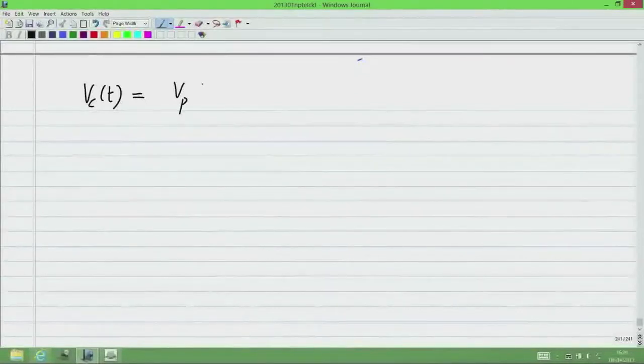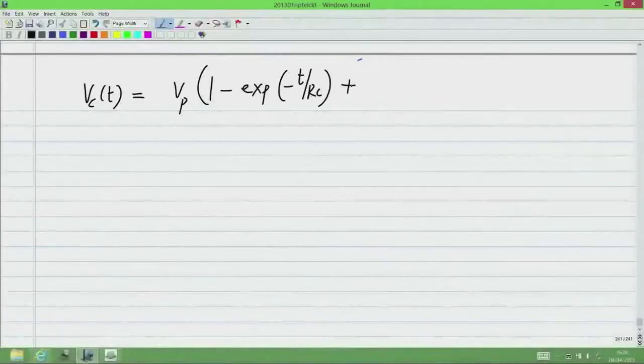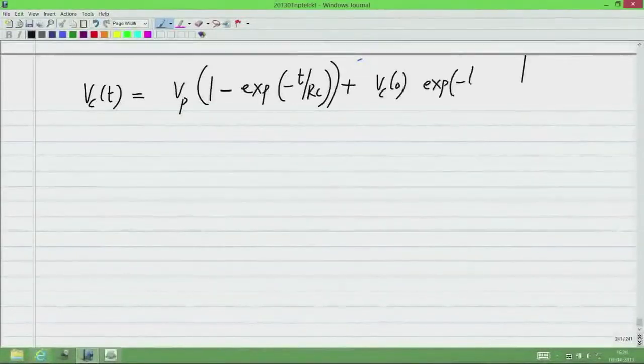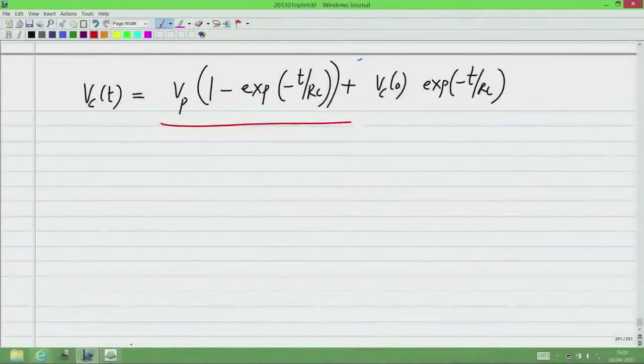Okay, now we can also rewrite this as Vp times 1 minus exponential minus t by RC plus Vc of 0 exponential minus t by RC. Okay, so you can see that this part is proportional to the input. Okay, and it doesn't have any initial condition term in it.